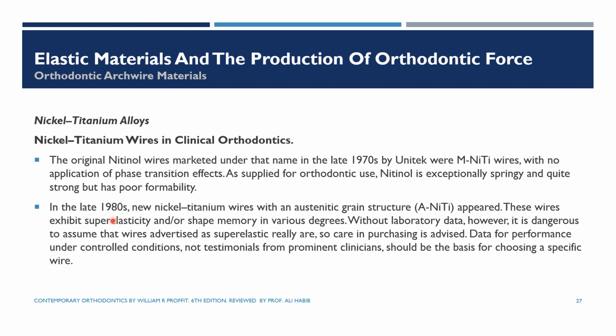In the late 1980s, we started to see the austenite grain structure, the A-NiTi, which was, as I said, the superelastic ones. These wires exhibit superelasticity and or shape memory in various degrees. The transition from one phase to another can be induced by stress, and they can respond to heat at the same time.